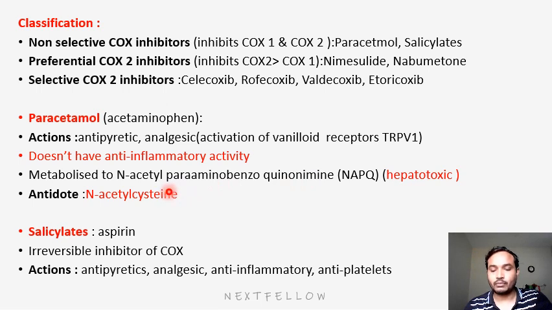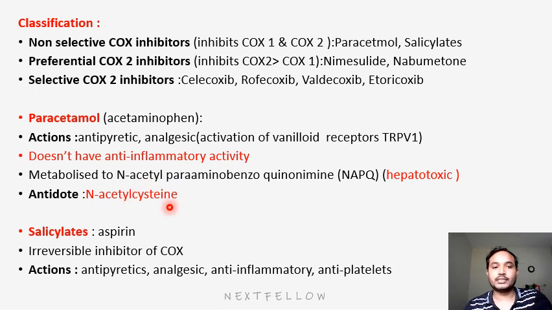Paracetamol poisoning is not the most common, but when a patient consumes too much, like 10 gram per kg body weight, it causes toxicity. In those patients we use the antidote N-acetylcysteine.